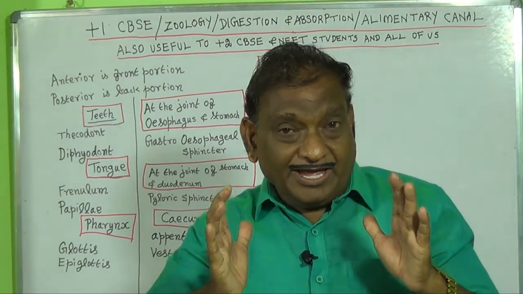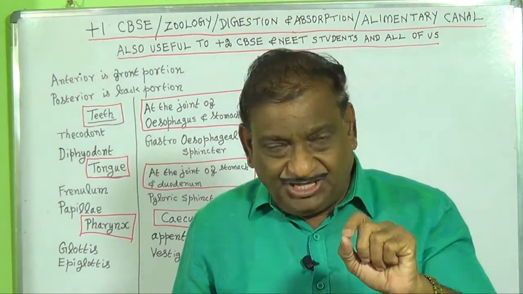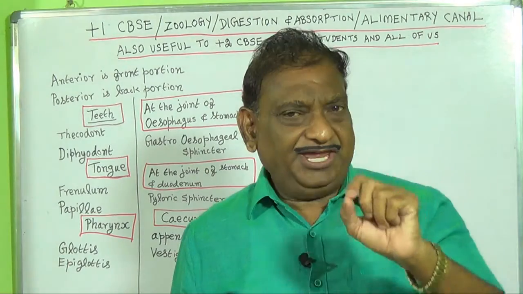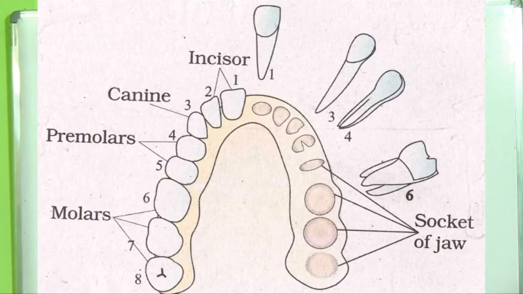You can see the arrangement of different types of teeth in the jaws on one side and in the socket on the other side. In the right side of the diagram, you can see 2 numbers of incisor type of teeth. They are marked as 1 and 2.